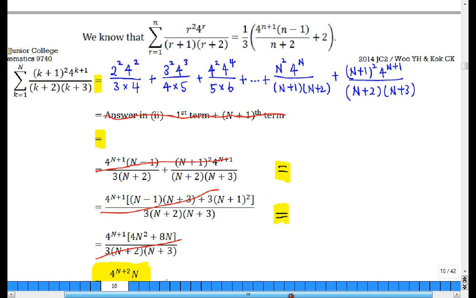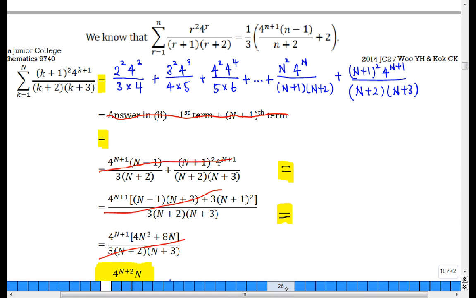There's a reason why I do that, okay? I will explain now. This step is important, what I loosely call listing the terms.